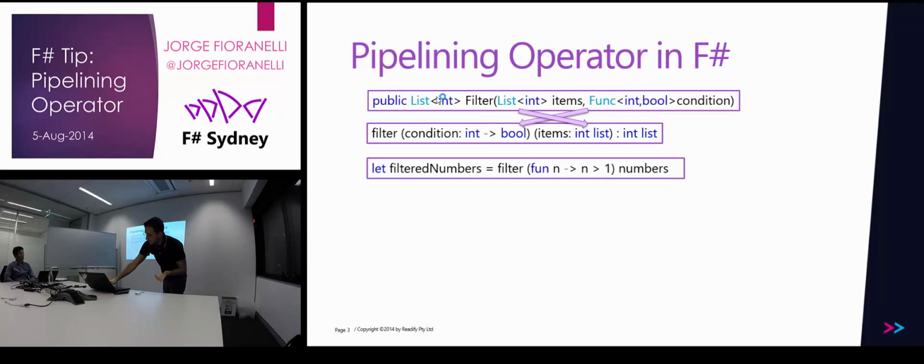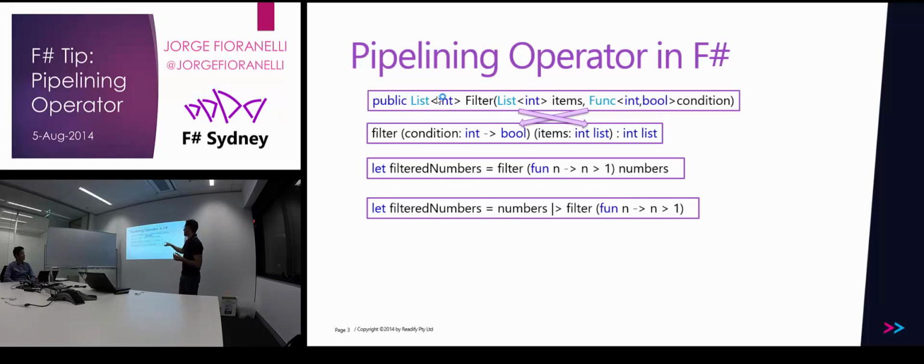But using the pipelining operator, you can do it in this way. What you are doing here is taking the argument and putting it on the left side of the pipelining operator, that is this guy here. And the compiler is passing what is on the left side of the pipelining operator as the last argument of the function invocation.